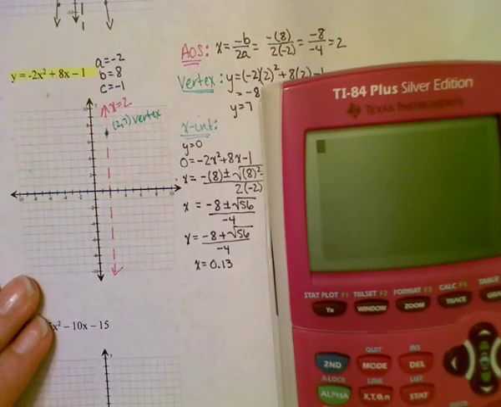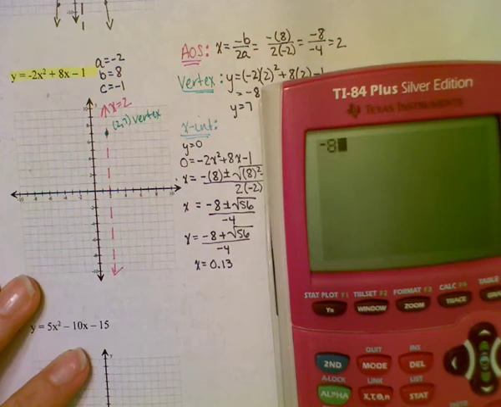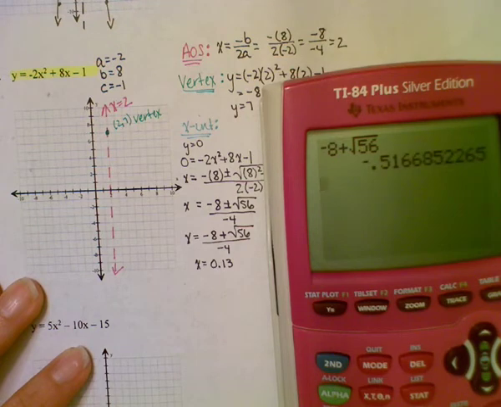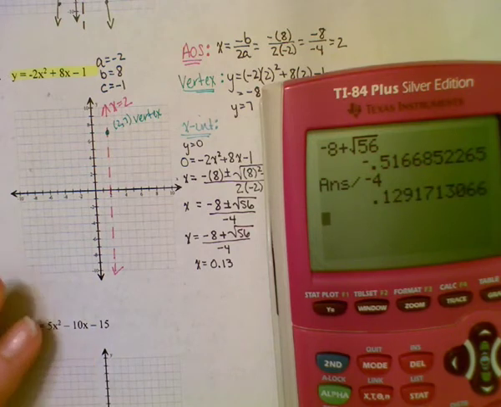You can have your negative 8, make sure you're using your negative button and not your minus button, plus second root 56, and it might be easiest to just push enter and then divide by negative 4. And you'll see that we're going to get a very long decimal there. So we're going to round to the hundredths place.